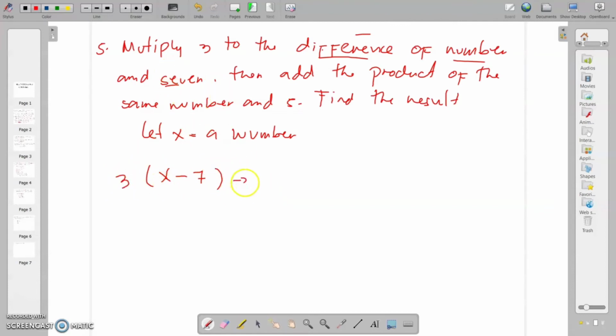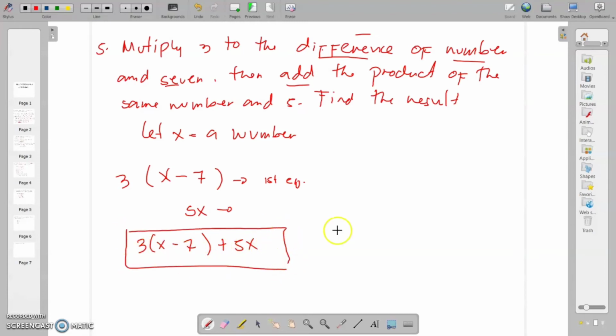So, that is the first equation. And the second, add the product of the same number and 5. So, same number and 5, 5x. Then, combine mo siya because add siya. So, 3 times x minus 7 plus 5x. So, that is the equation.